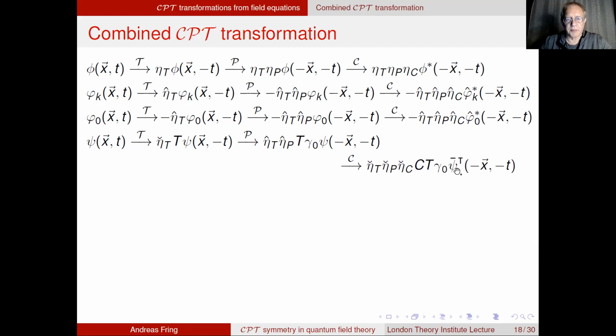And also we still have what I didn't mention here, the parity transformation also introduces the gamma 0, and then we have the CT. And as we said before, CT we can identify as gamma 5.